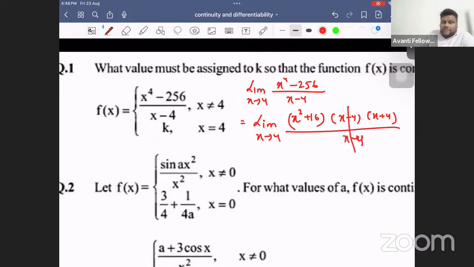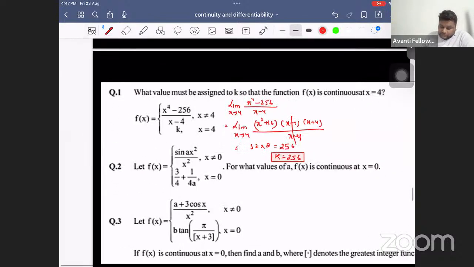This x minus 4 cancels. So it is 32 into 8, which is 256. So the value of k should be 256. That will be your answer. Got it? You can also use L'Hospital here, which will also be simple.